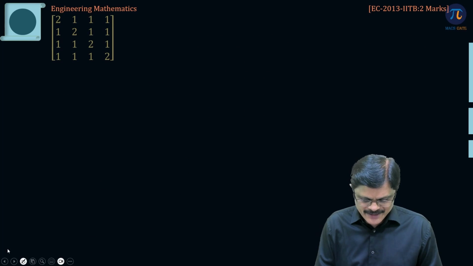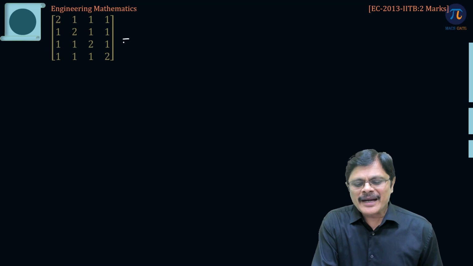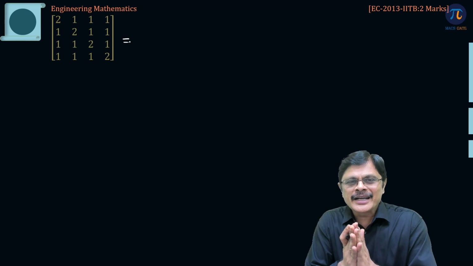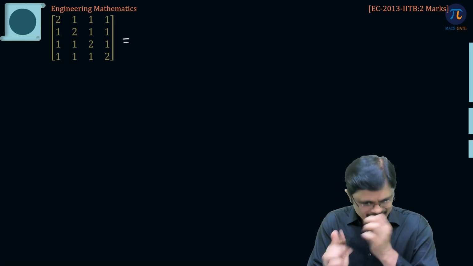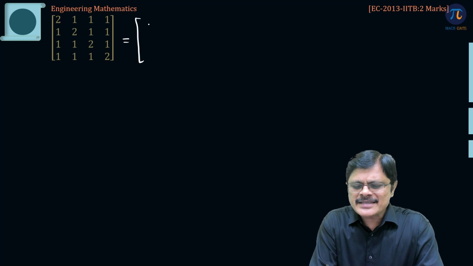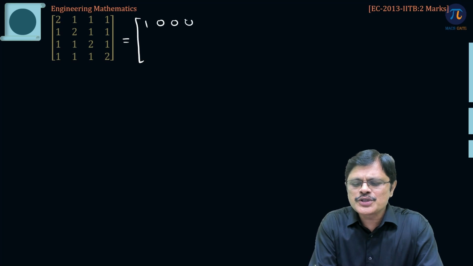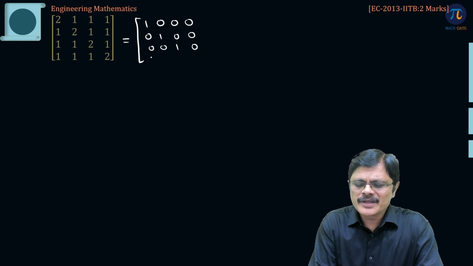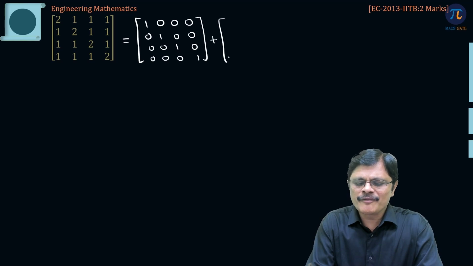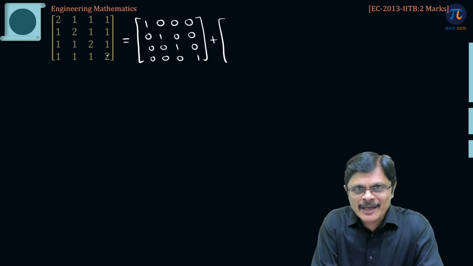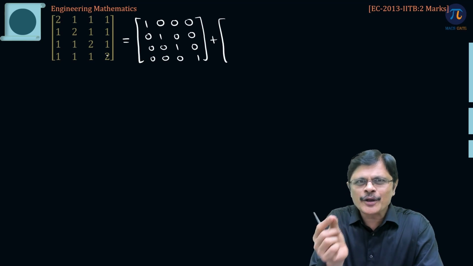So what I do is, I try to write this matrix as identity plus something. If you want to write it as identity plus something, the identity is 1 0 0 0, 0 1 0 0, 0 0 1 0, 0 0 0 1. The remaining matrix would be what, sir? Obviously, because only main diagonal elements are 2, from the main diagonal you are removing 1.